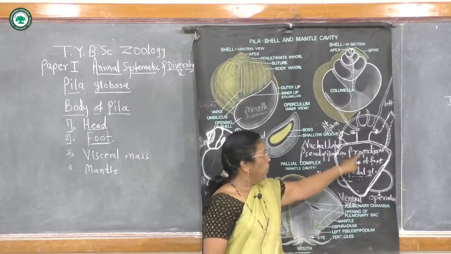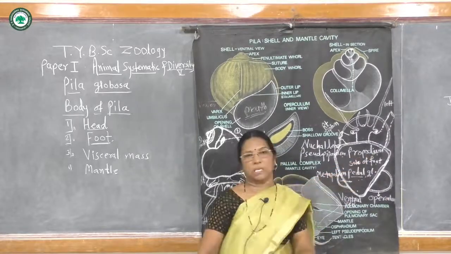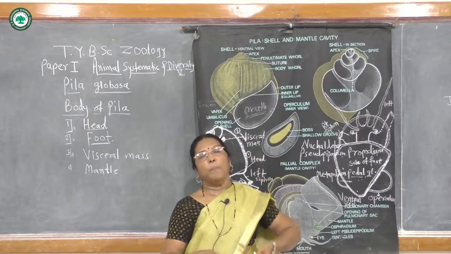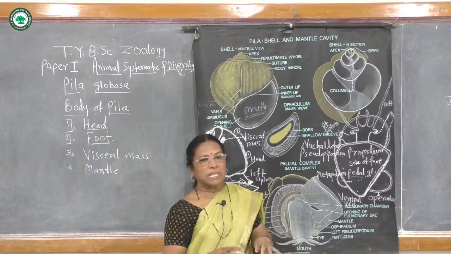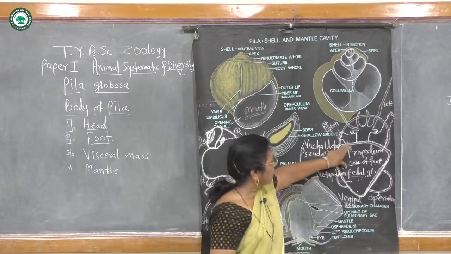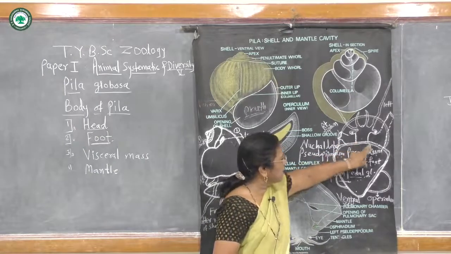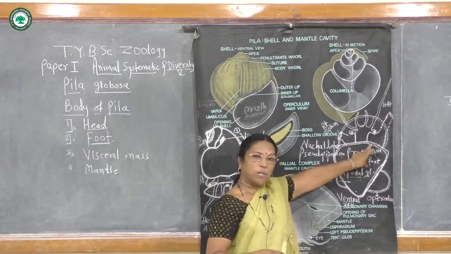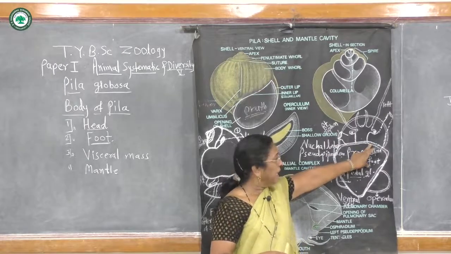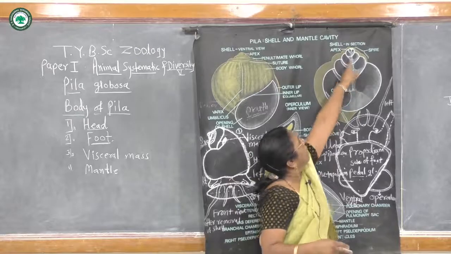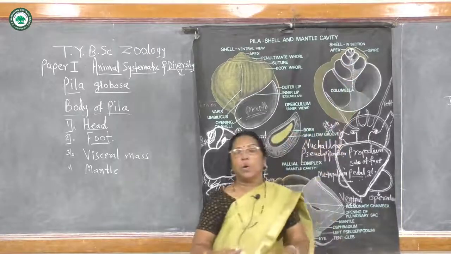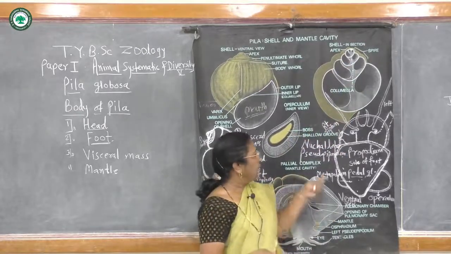This propodium shows a number of muscular attachments. They are called the columellar muscles. These columellar muscles attach to the ventral part of the foot and they are inserted into the columella. They are inserted into the columella of the shell.